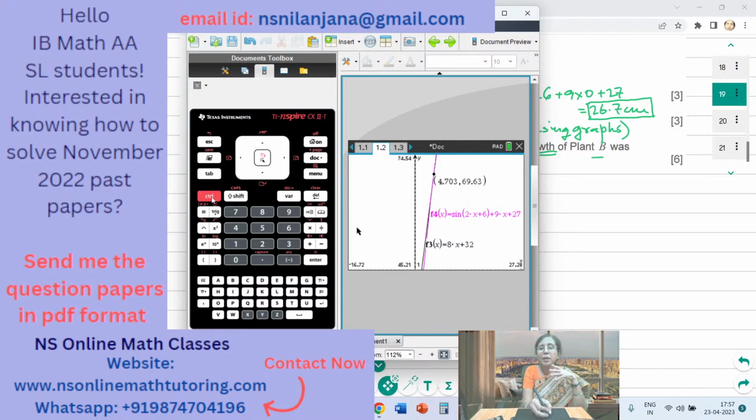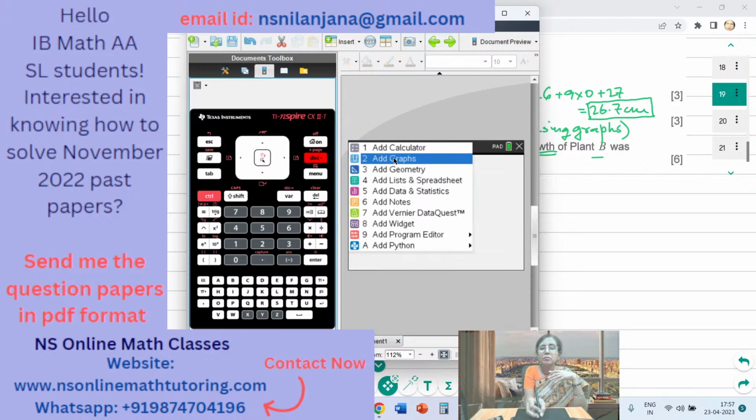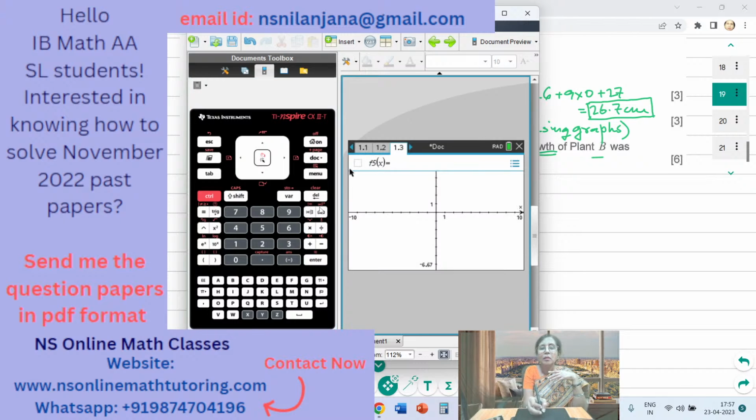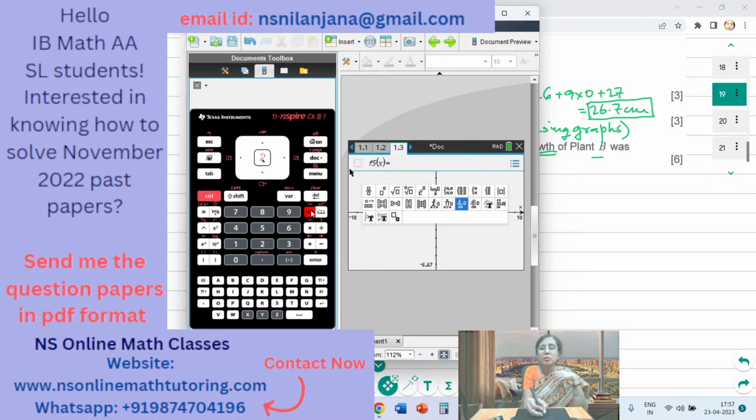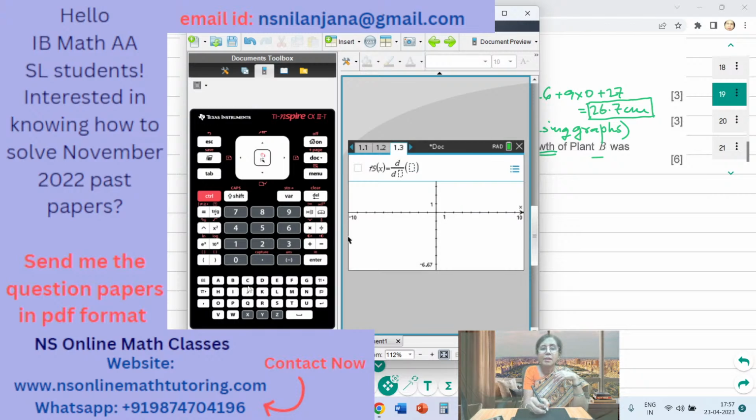For that, let me go to a separate graph sheet. Let me take F3 first of all.